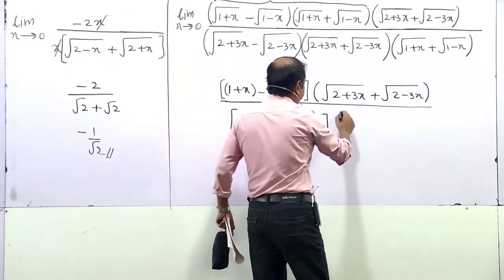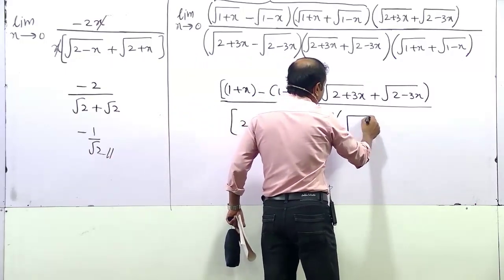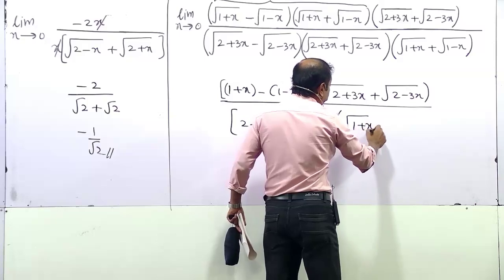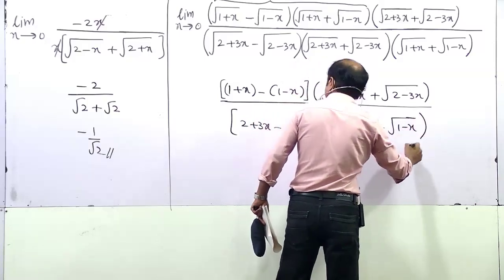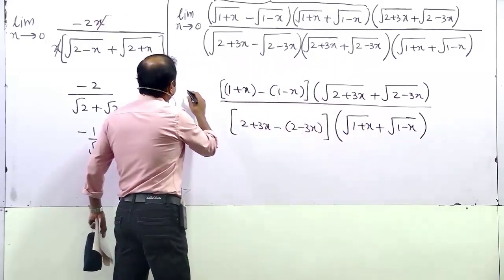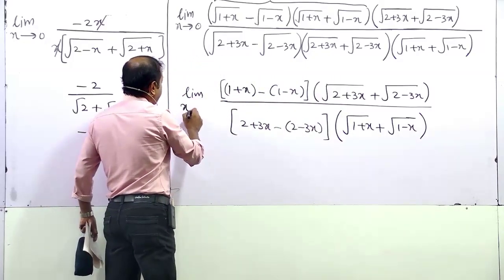And here it is root 1 plus 6 plus root 1 minus 6. Limit x going to 0.